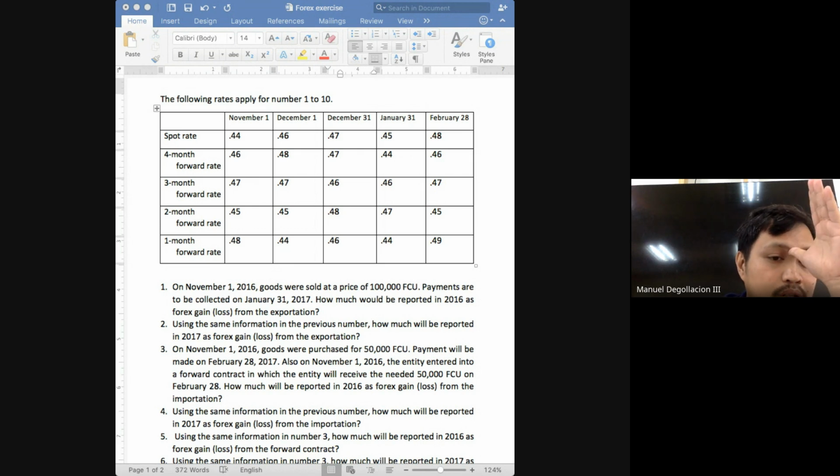Okay? So forex gains or losses on importation and exportation will arise from changes in the spot rates. Again, if the question focuses on importation and exportation, the only rate that will be relevant would be your spot rate.